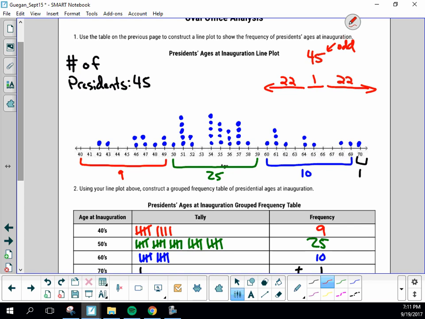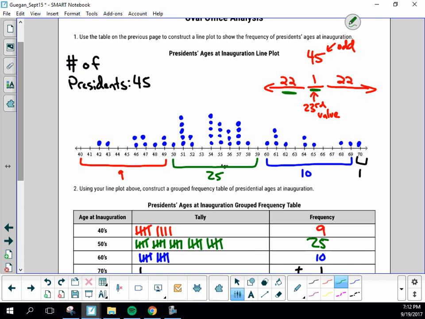This number right here is getting a little bit fancy, but this is our 23rd value. There's 22 before it, and then 1 for itself. That would make it the 23rd value. So starting from left to right, we're going to count up until we find our 23rd dot.